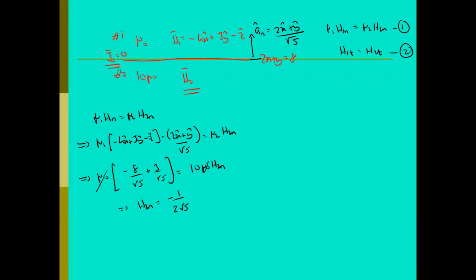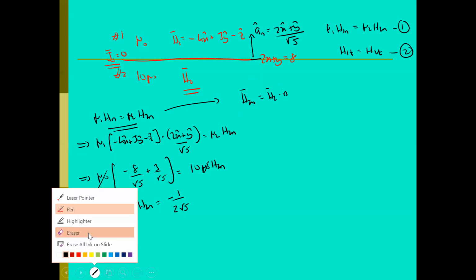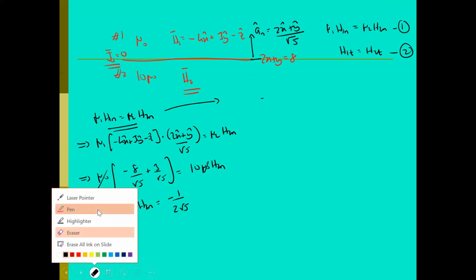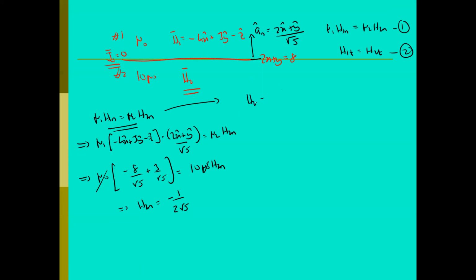we can write the H2n vector, because this is a scalar component or scalar equation. The H2n vector shall be equal to the H2n magnitude multiplied with the normal unit vector.